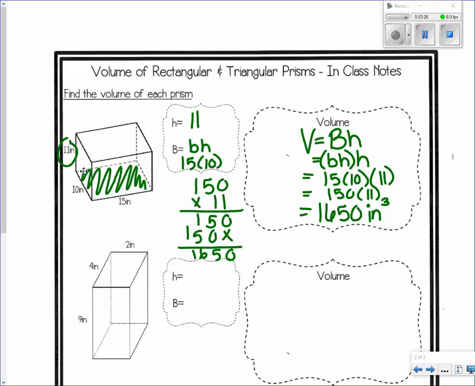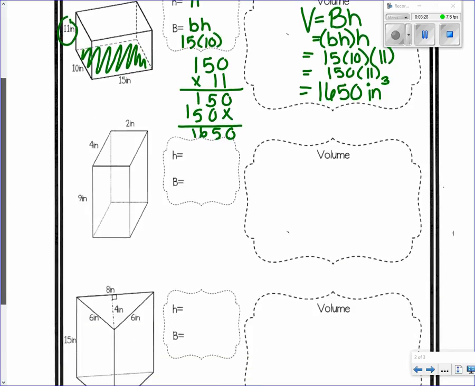Okay, so our next example is also a rectangular prism. And like Miss Nelson said, I'm going to pick my base, what it's sitting on. So our height, like she said, is the one that is not associated with the base. So our height is 9. Our big B is base times height, and this is 2, this is 4. I just moved them down from the top. And so that is 2 times 4.